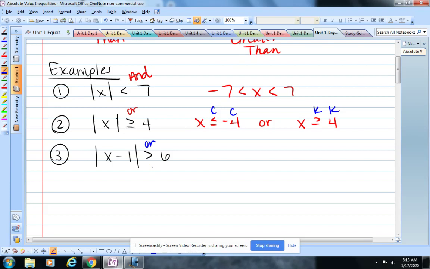All right, so remember for an or, you first copy what's inside the bars, x minus 1. And what do you do first? Change it. So change it to less than, change that to a negative, change it. And then you write the word or because or has to say or. Then you write what's inside the bars again. And then you do what this time?